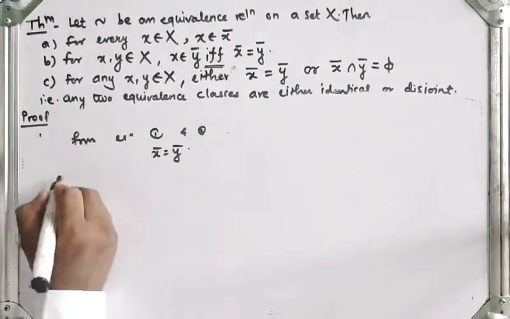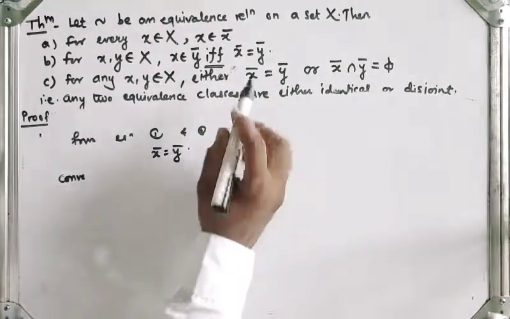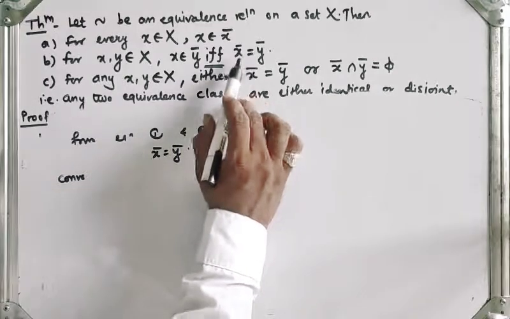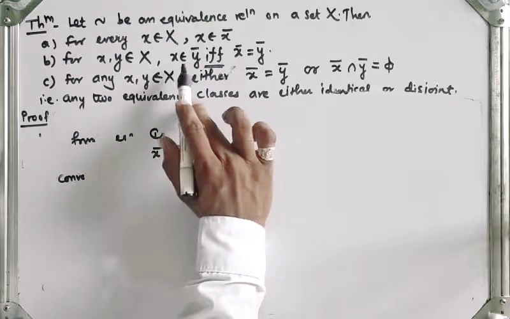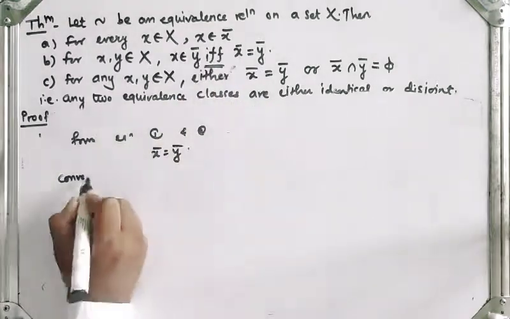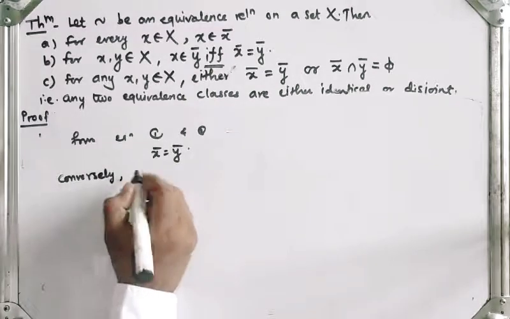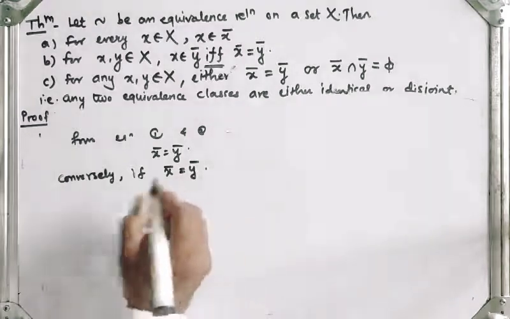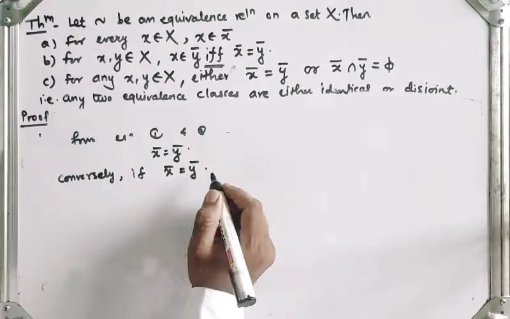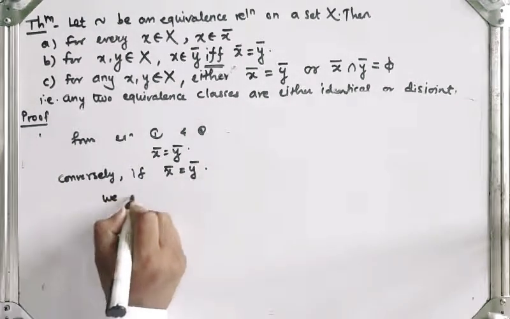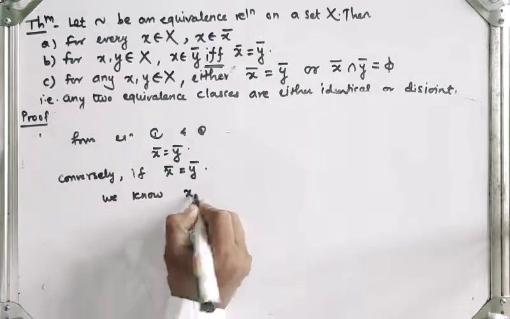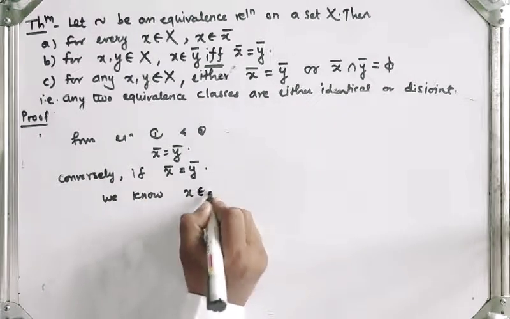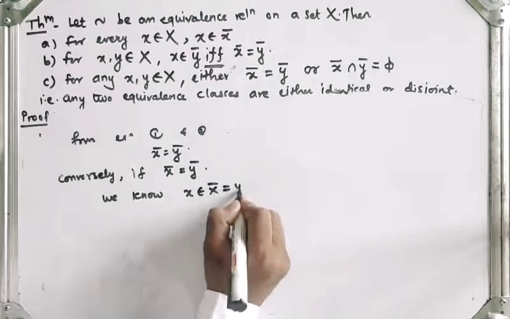Now second, conversely, we have to prove that if x bar is equal to y bar, then x belongs to y bar. Now conversely, if I have x bar equal to y bar, we know x belongs to x bar and x bar must be the same as y bar.